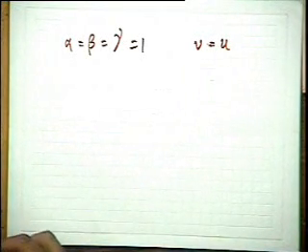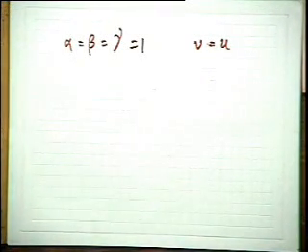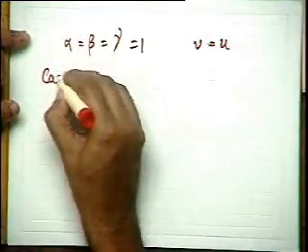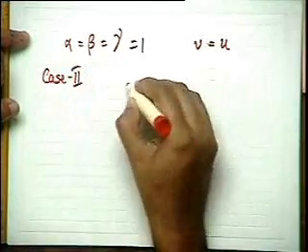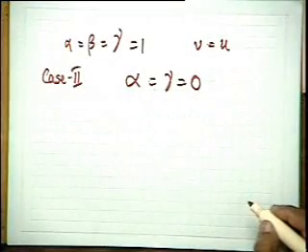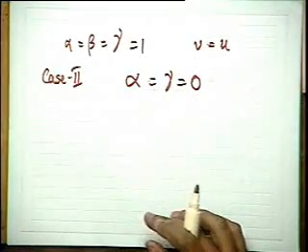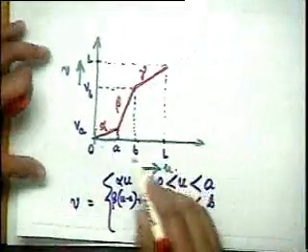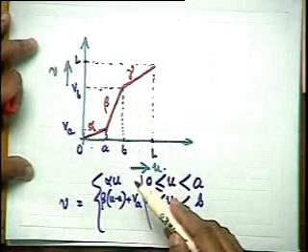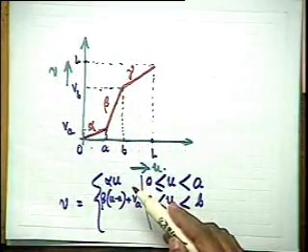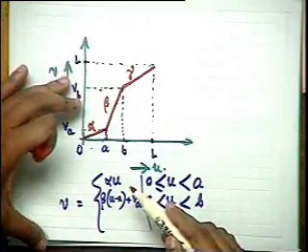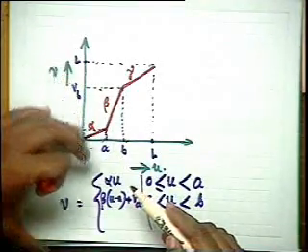Now I consider some of the non-trivial cases, and let us take case 2, in which I have alpha equal to gamma equal to 0. Look at this transfer function back. I have taken alpha equal to 0, gamma equal to 0. Beta exists as a non-zero slope, but alpha and gamma have been made 0. So what is the transfer function that results?